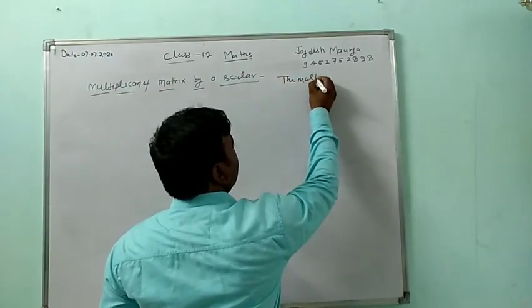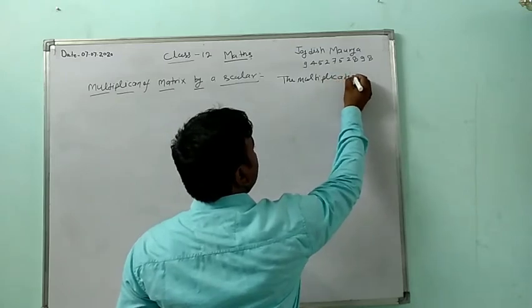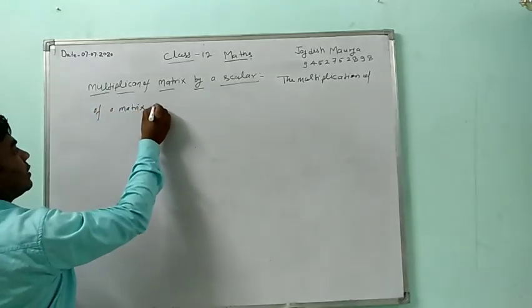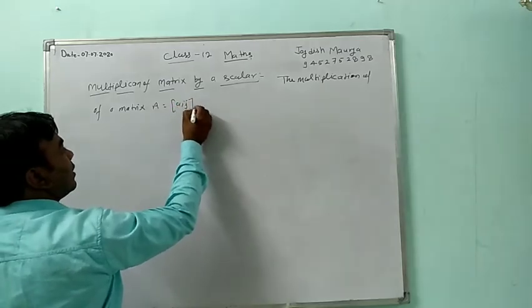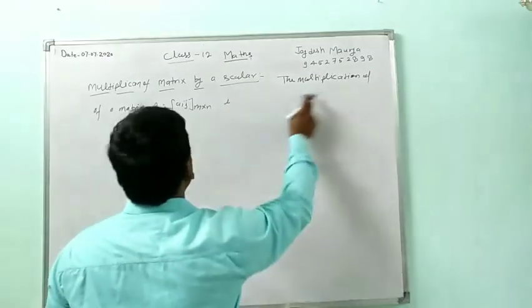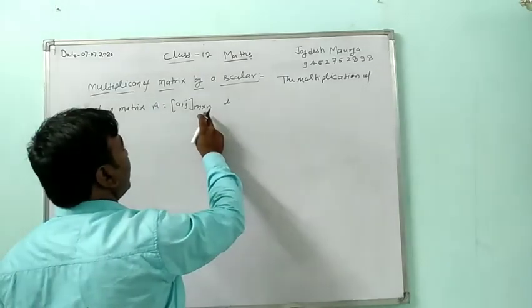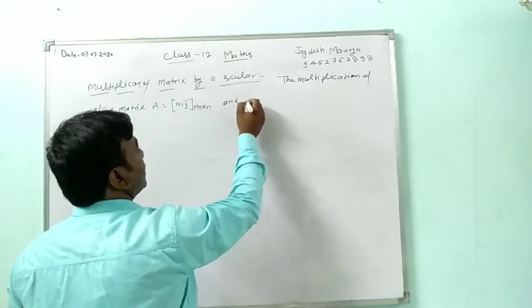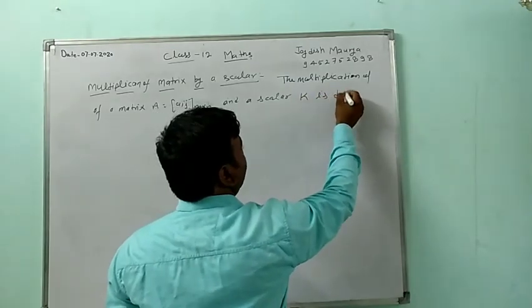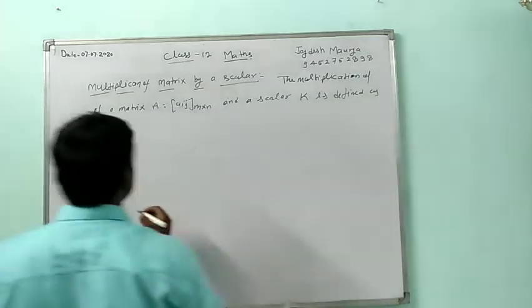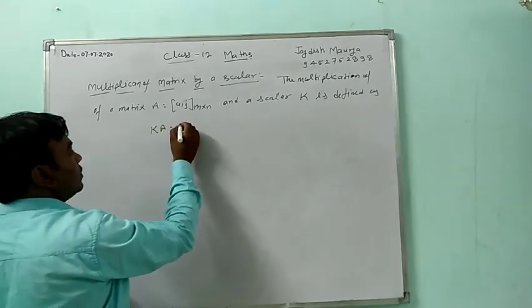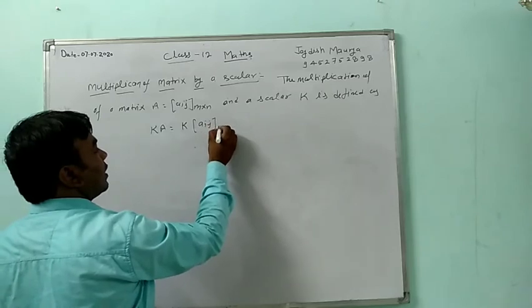The multiplication of a matrix A equal to Aij, m by n, and a scalar k is defined as kA equal to k Aij, m by n.